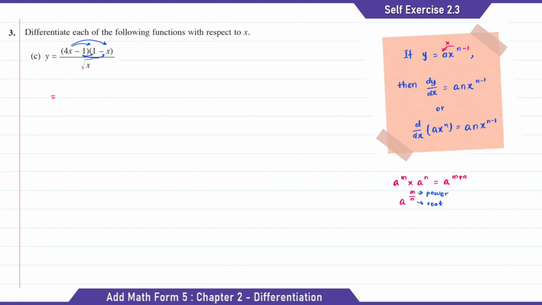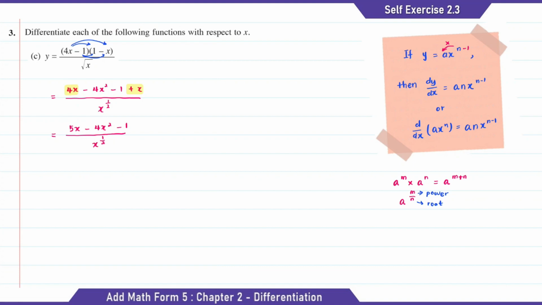Question C. So first, for the numerator part, we're going to expand it. Then we're going to get 4x minus 4x squared minus 1 plus x. As for square root x, I can write this as x to the power of 1 over 2. Next, we're going to solve for the like terms.